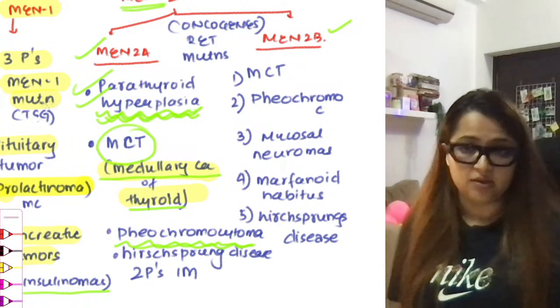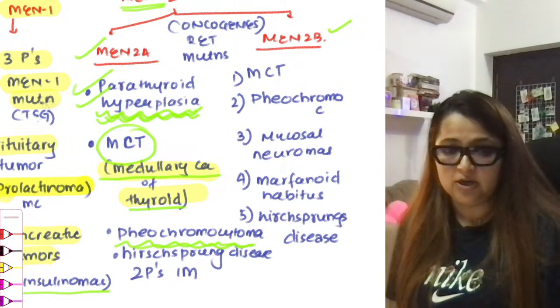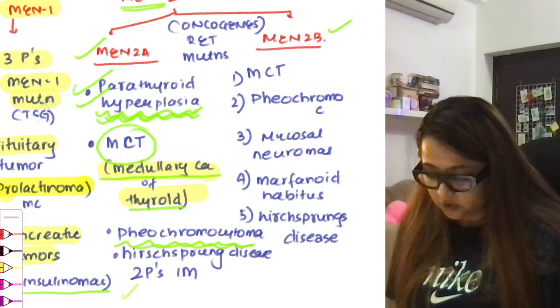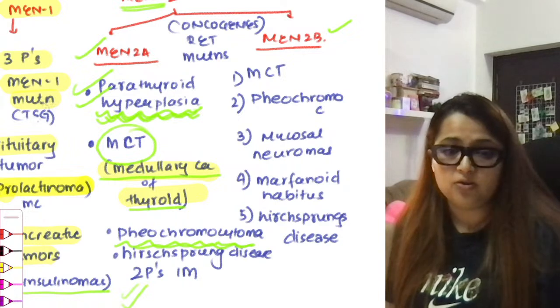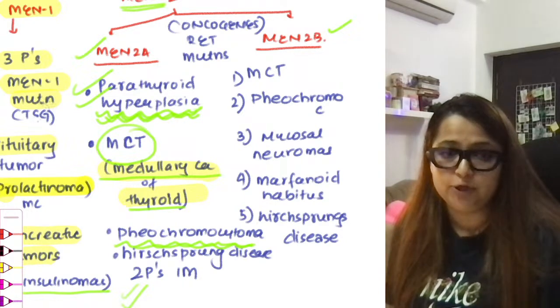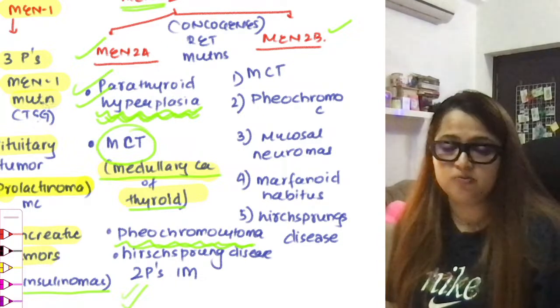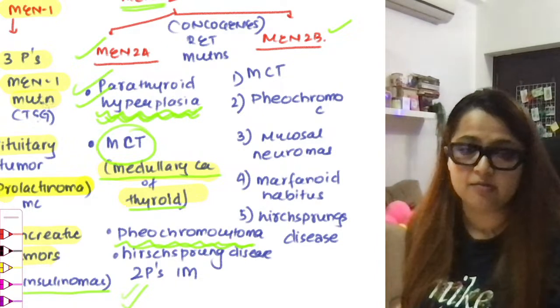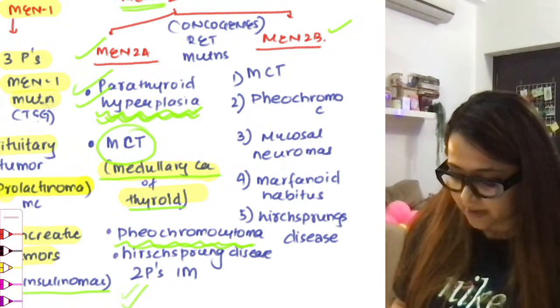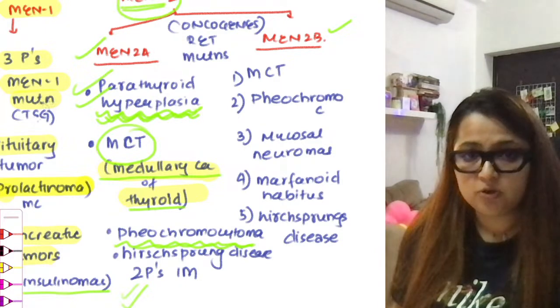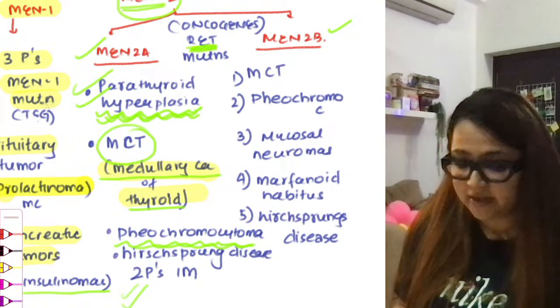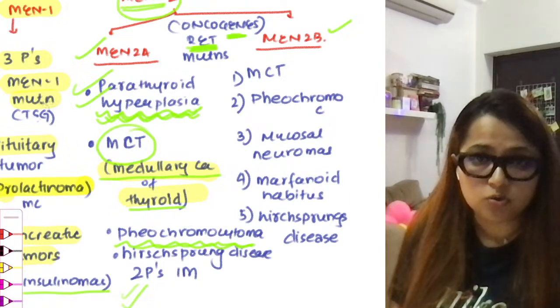Guys, you have to learn this. Then Hirschsprung disease is also a part of MEN2A. Remember this. It is also part of MEN2B, but Hirschsprung disease is more commonly seen in MEN2A. MEN2 syndrome is associated with mutations of RET, and RET is an oncogene.